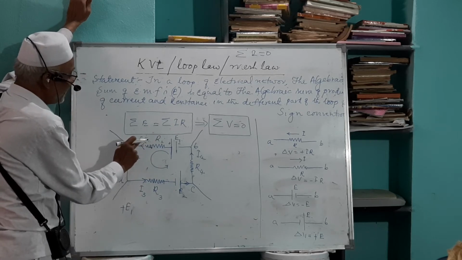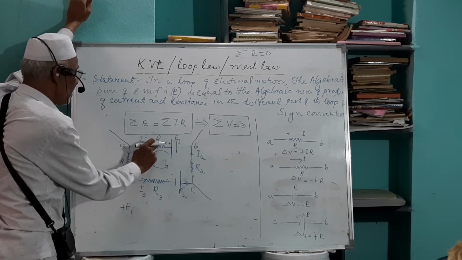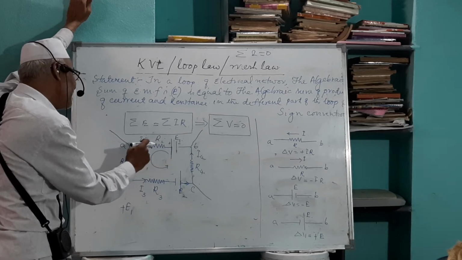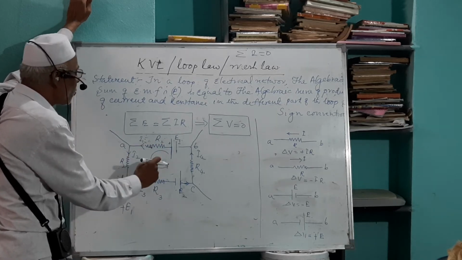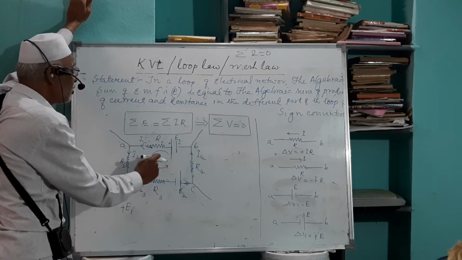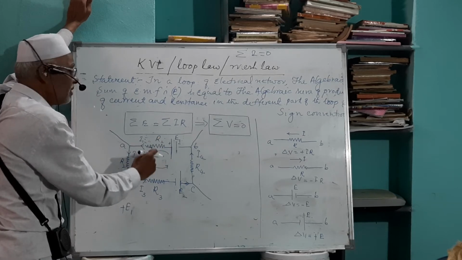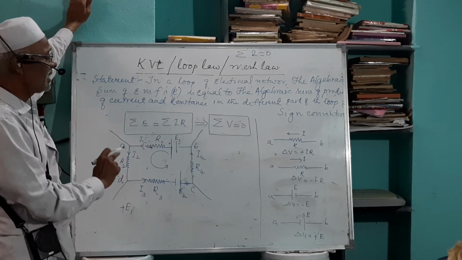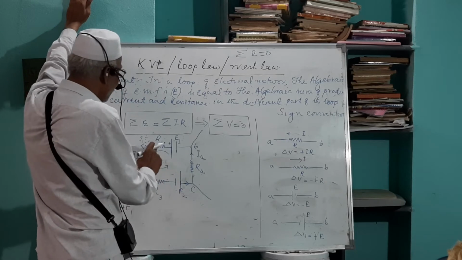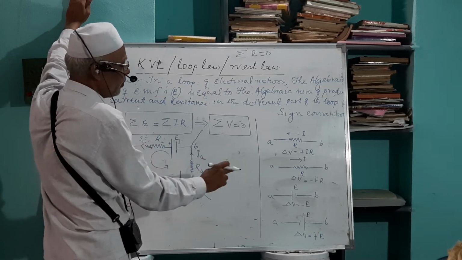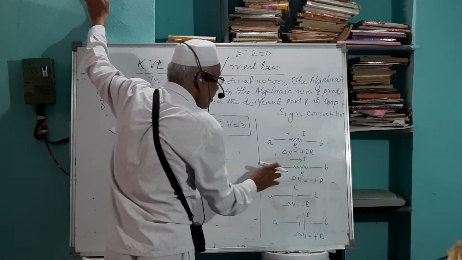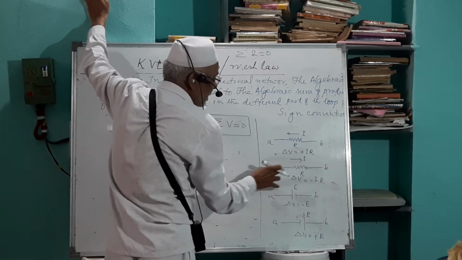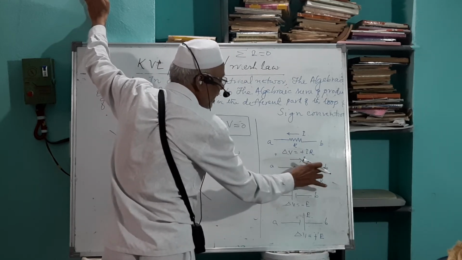The current is I1 and the resistance is R1. You are rotating this mesh in the anti-clockwise direction, and the current is also moving in that branch in the same direction. If it is the case, the IR product will be negative. I mean the current is moving from A to B, and the mesh is also traversing from A to B.